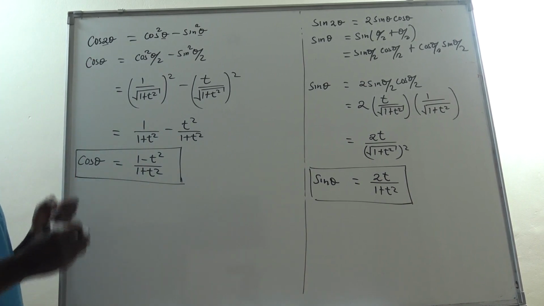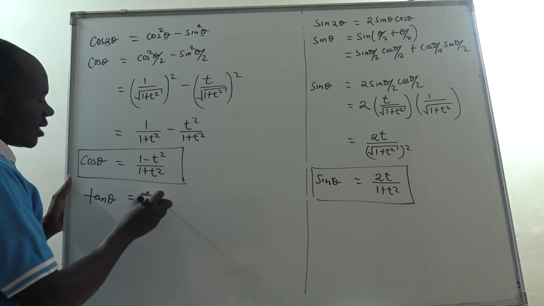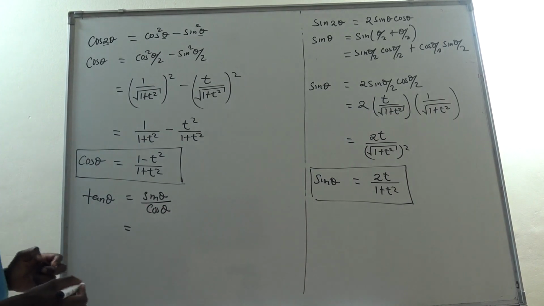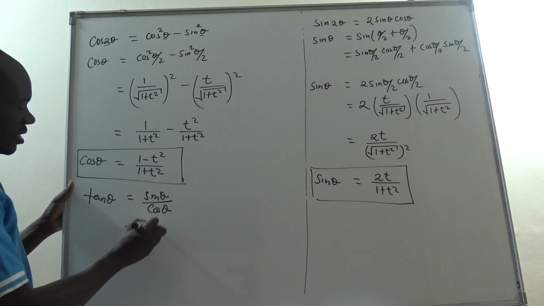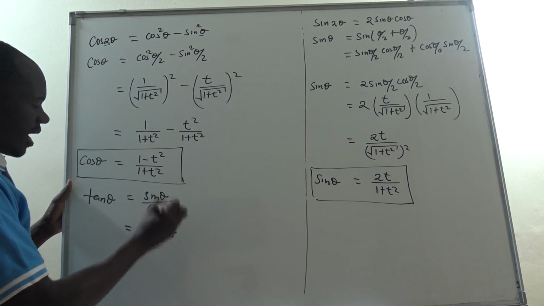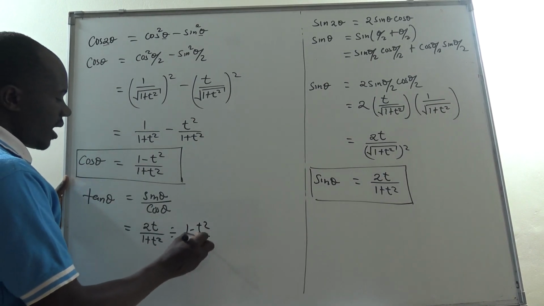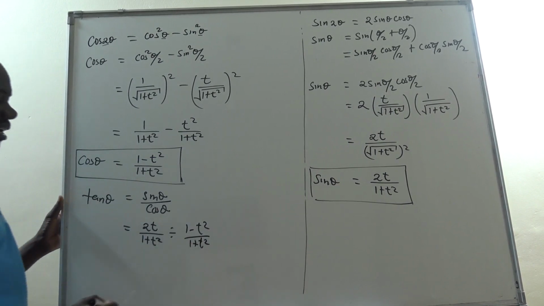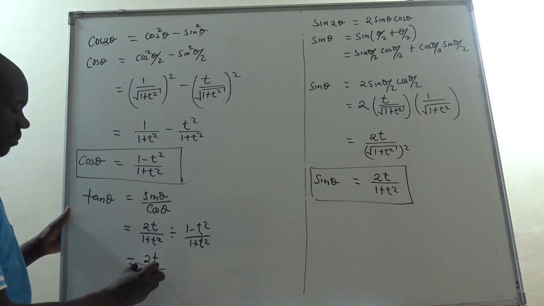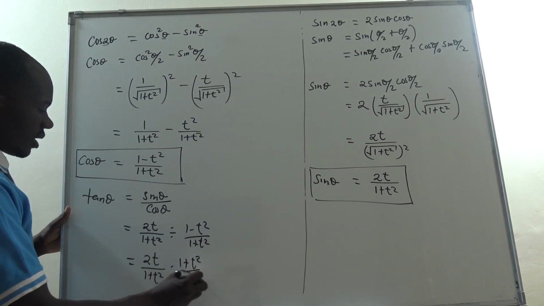Then can we also look at tan? Tan theta is the same as sin theta out of cos theta. Sin theta in terms of t is 2t out of 1 plus t squared, divided by cos theta, which is 1 minus t squared out of 1 plus t squared. So when we reduce it, this is the same as 2t out of 1 plus t squared times 1 plus t squared out of 1 minus t squared.